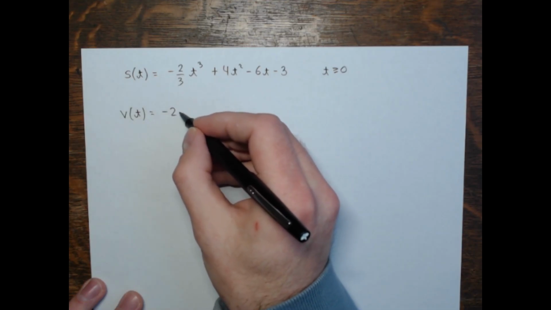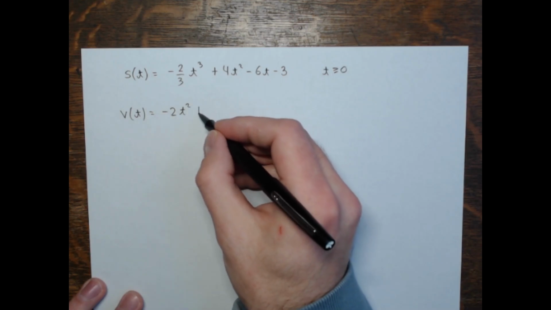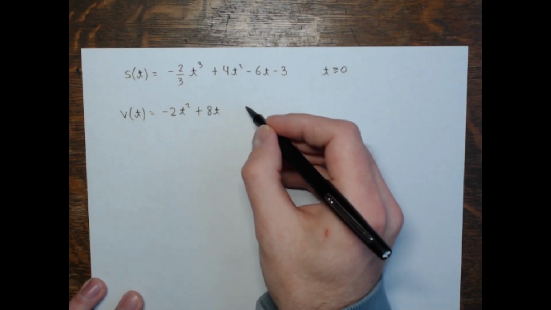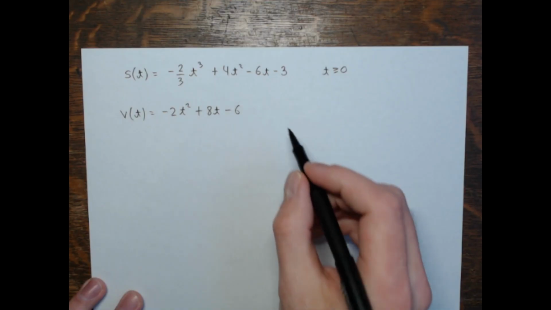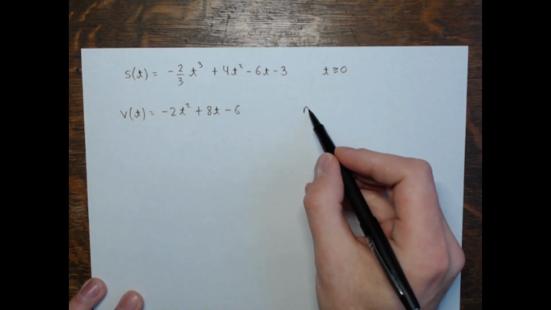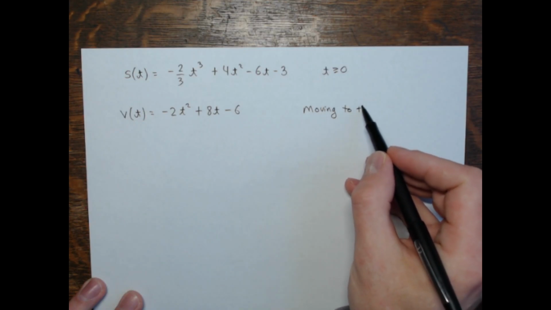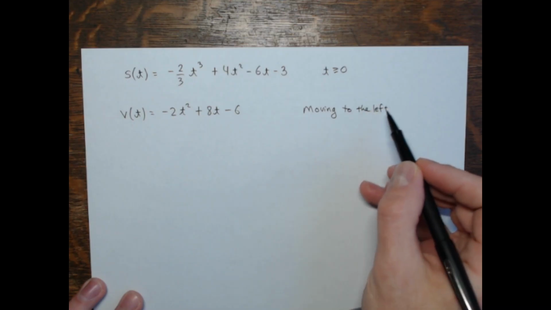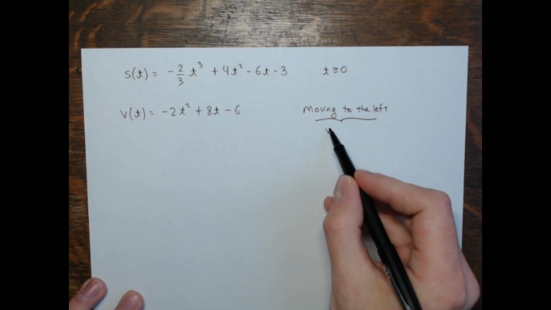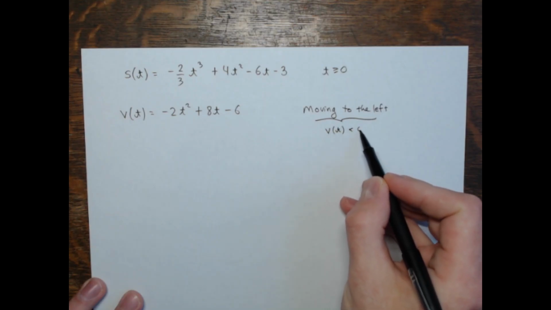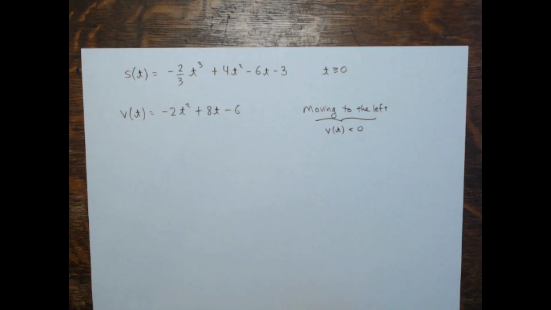So negative 2t squared plus 8t, then minus 6. And then they're asking us, when is the thing moving to the left on this line? So we're looking for where the velocity is less than zero. Where is the velocity negative?